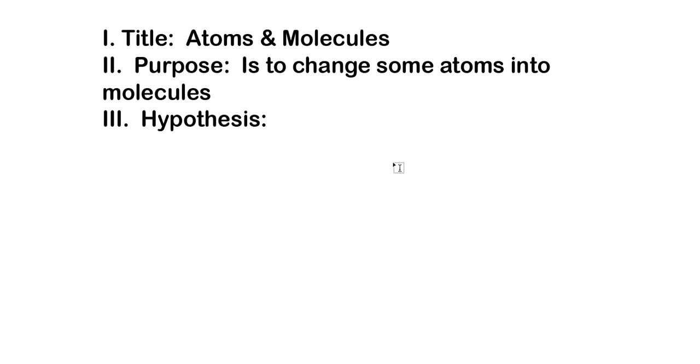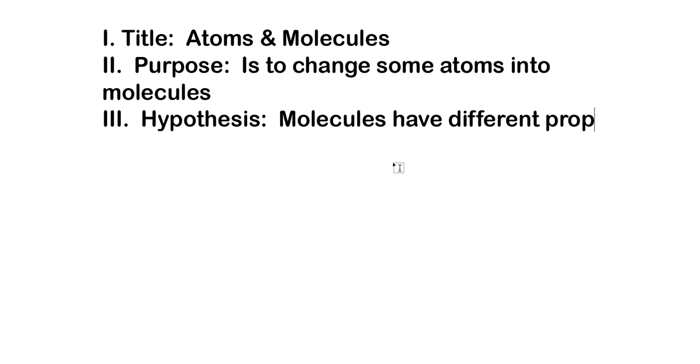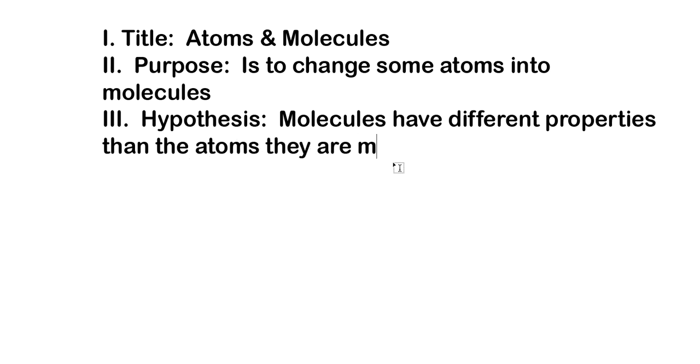The hypothesis in this lab is molecules have different properties than the atoms they are made up of. So molecules have different properties than the atoms that they are made up of. Okay.